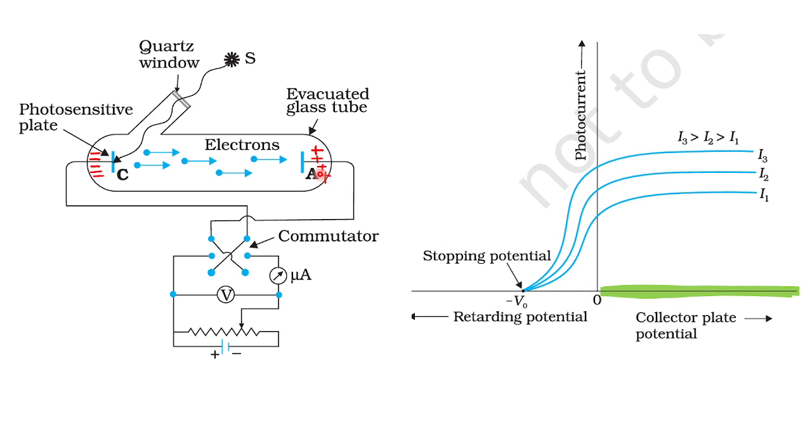I am changing the potential to 10 volt, 20 volt, 100 volt. In this way, I am increasing the collector potential. But even if you increase further, the current remains the same for a given intensity. For a given intensity, the current is almost stationary, saturated. So the collector potential has no influence in increasing current, okay?